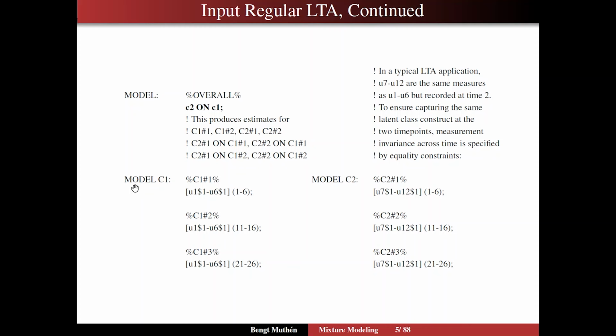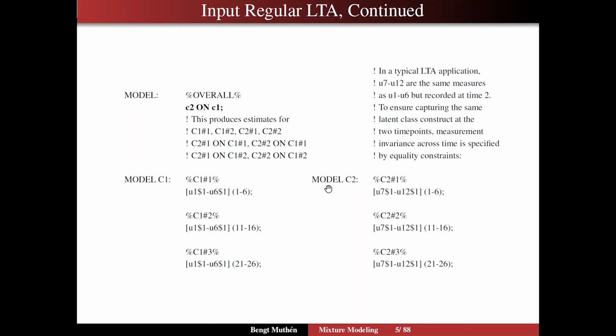Now, model C1 then has the thresholds for the 6 latent class indicators at each of the 3 C1 classes. So that refers then to the first part of the modeling parameters that we showed in the picture, whereas the other parts are in the initial status and the transition parts of the model.